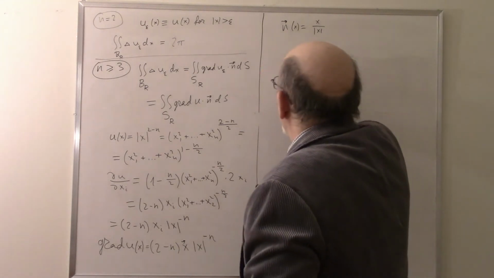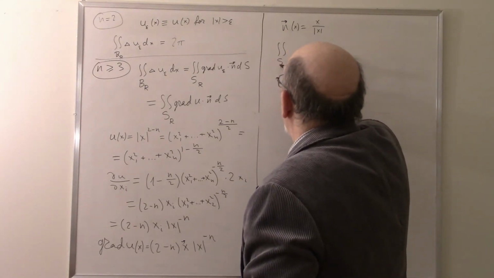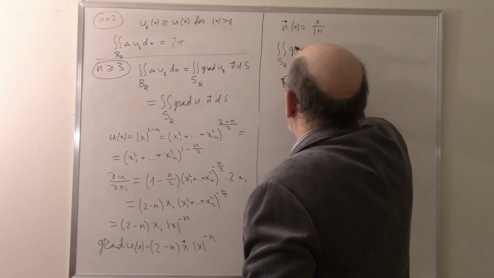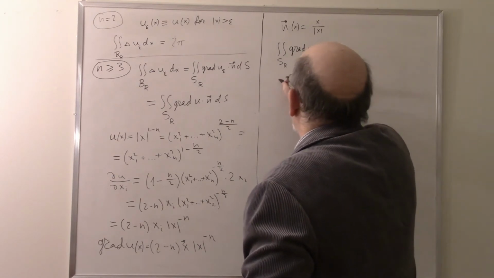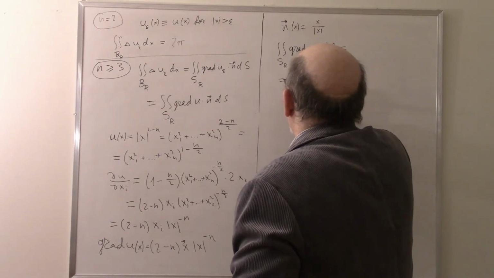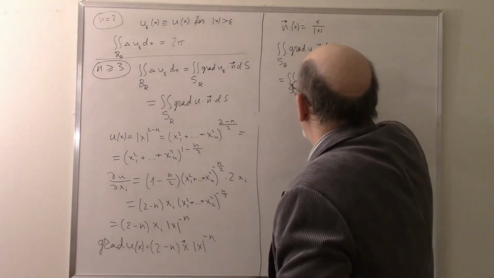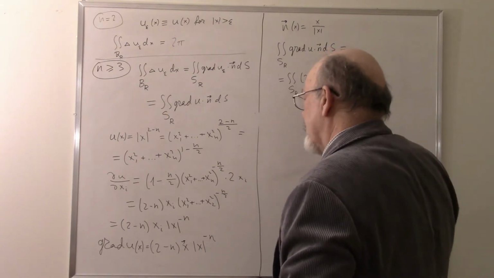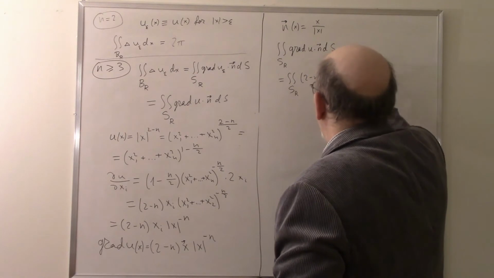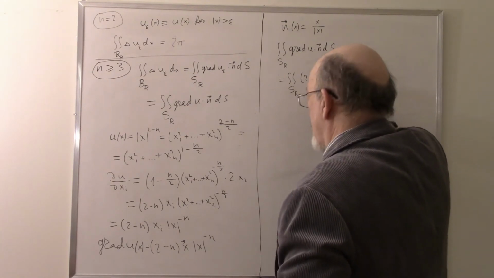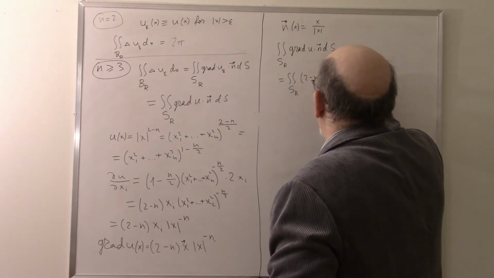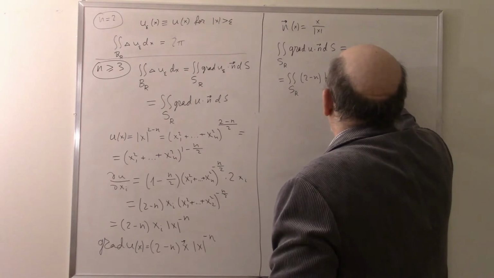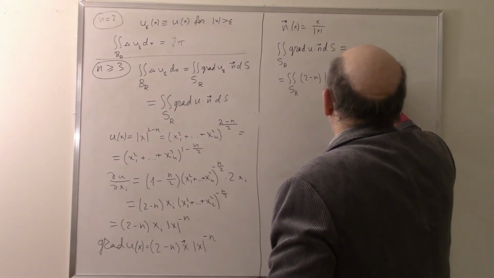And so the integral over S_R of gradient u dot n ds equals the integral along S_R of (2−n) |x|^(−n) x dot x divided by |x| ds.